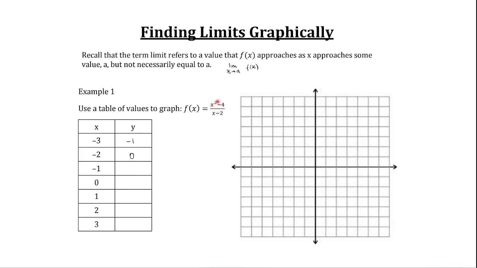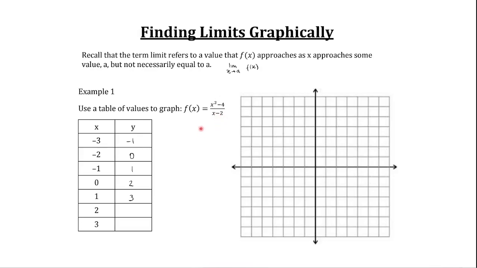So that's going to be 4 minus 4, which is going to give us that 0, right? At -1, we are going to have a value of 1. At 0, we have a value of 2. At 1, we have a value of -3 over -1, which is going to give us 3.